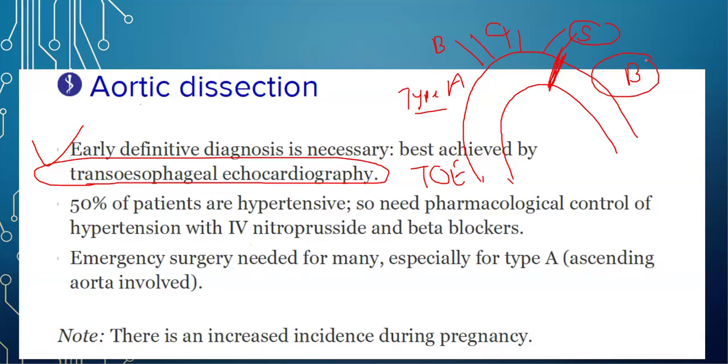For type B, the patient usually presents with severe high blood pressure. So for them, your first line of management is to gradually reduce the blood pressure. Not significantly, you will not drop the blood pressure at once. Gradually reduce the blood pressure. And the choice of blood pressure medication is an IV beta blocker, which is IV labetalol.